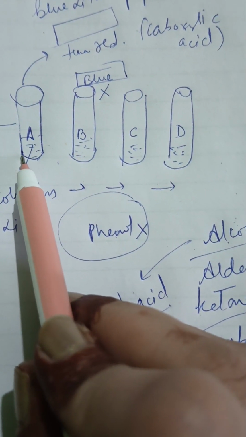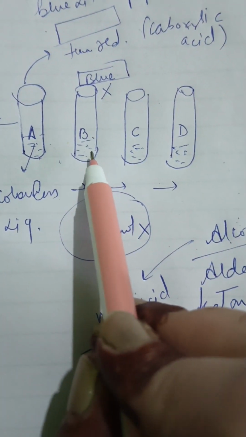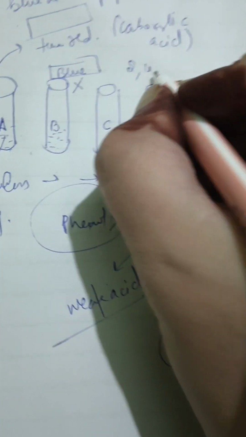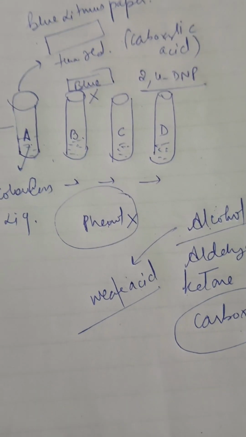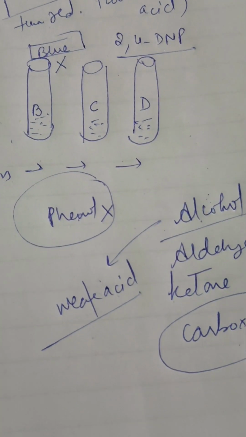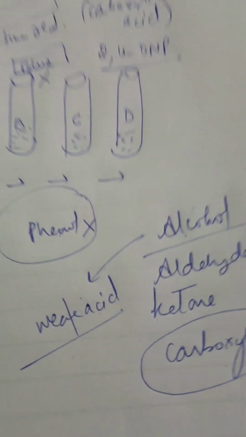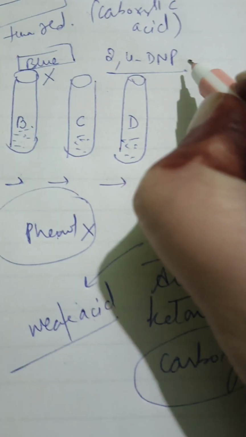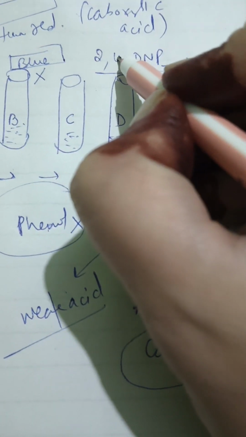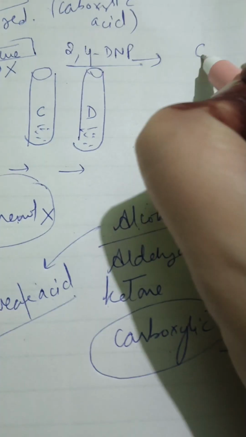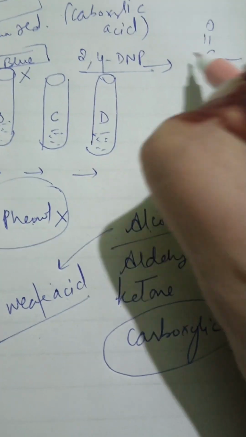If it is not carboxylic acid, what are you going to do? Then perform 2,4 DNP testing. What is 2,4 DNP testing used for? The 2,4 DNP testing is used to determine the presence of carbonyl group.